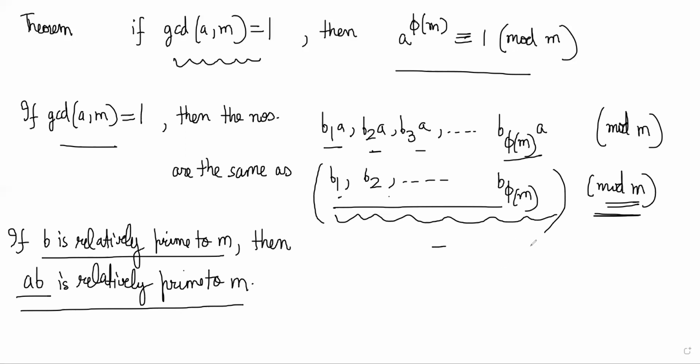This is not going up to BM; this is some subset of the possible remainders. But which numbers do cancel out? We will discuss that. Just hold on for a second.